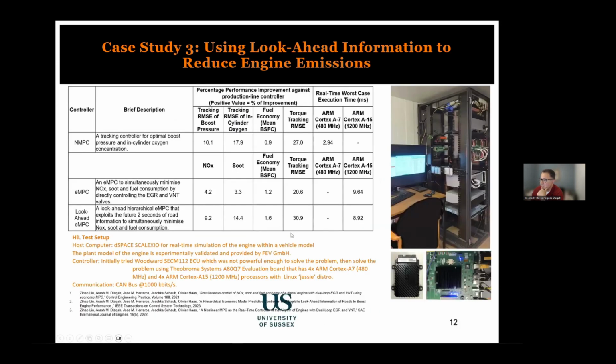We showed, based on our hardware in the loop simulation, that such a technique, exploiting look ahead information, can reduce the NOx by 9% and soot by 14%, as compared to the optimal controller without that look ahead information.